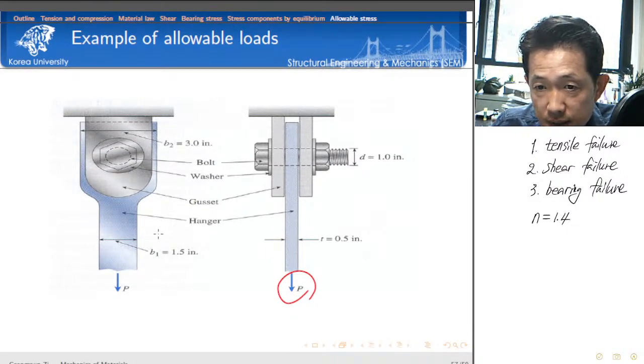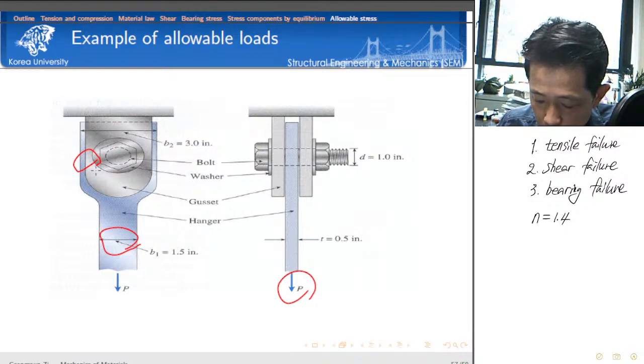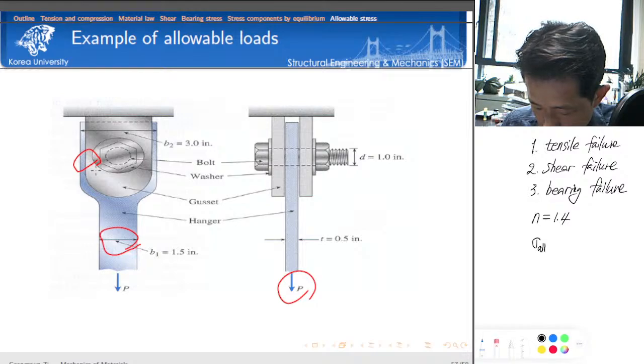First, let's check the tensile failure. For tensile failure, we have to check here and also here. Then let's determine the allowable normal stress. Because we use the concept of F, I want to use F, not to confuse.